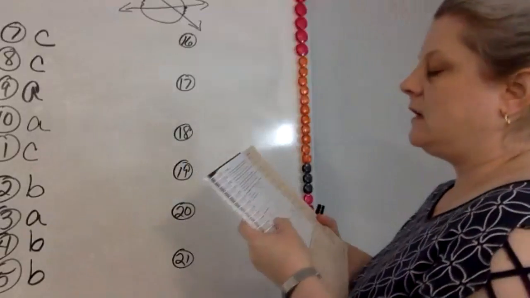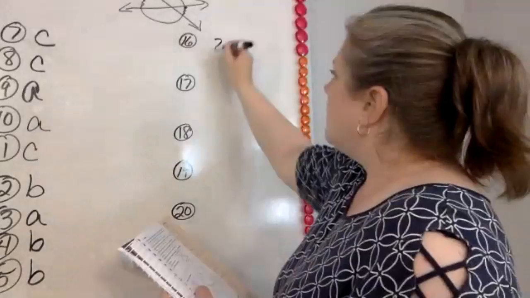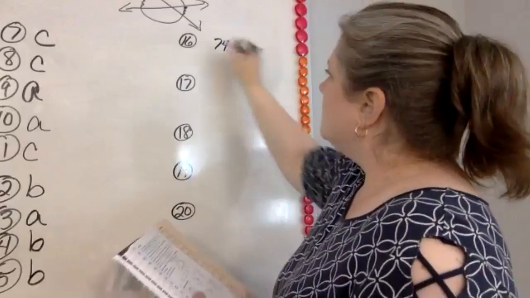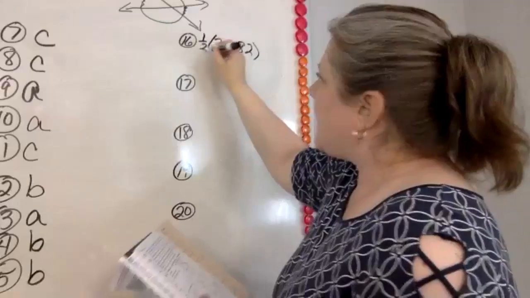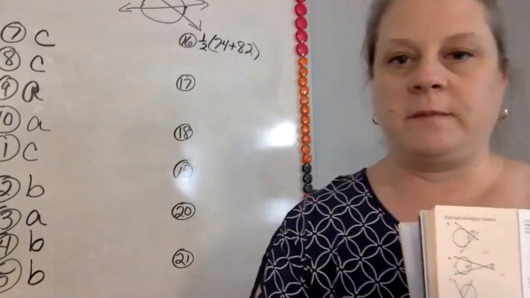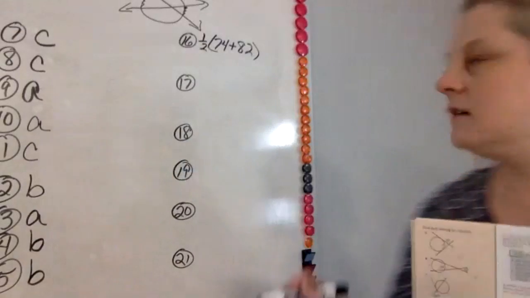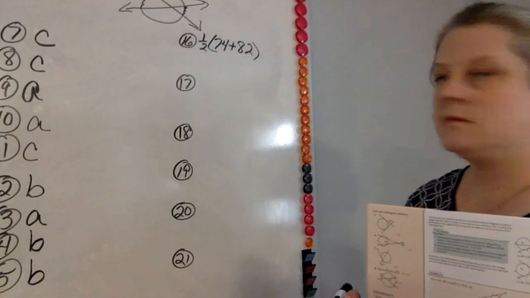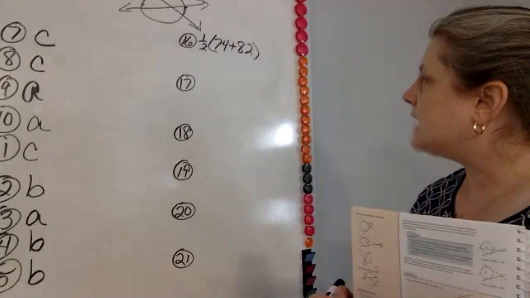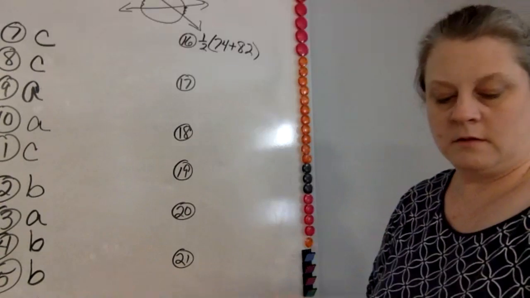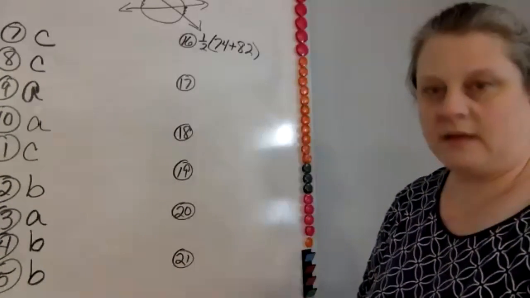The two arcs it intercepts are 74 and 82. And then you're going to take half of that. So you just add those two things together, and then take half of them. So 74 plus 82. The answer is 78.